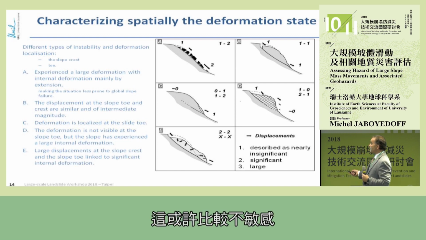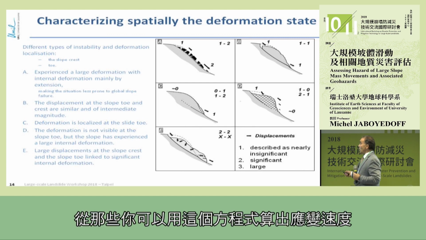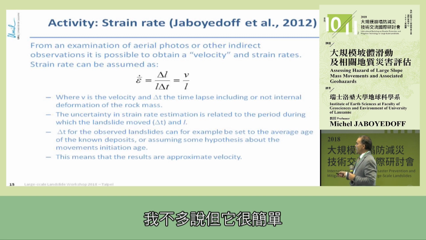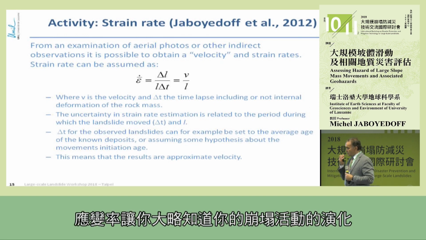And this maybe is less sensitive. So from that, you can also now look at the strain velocity, which is just given by this formula. It's very simple, but the strain rate will give you an idea of the evolution of the activity of your landslide.